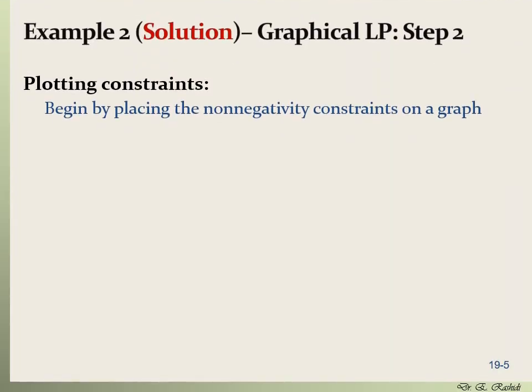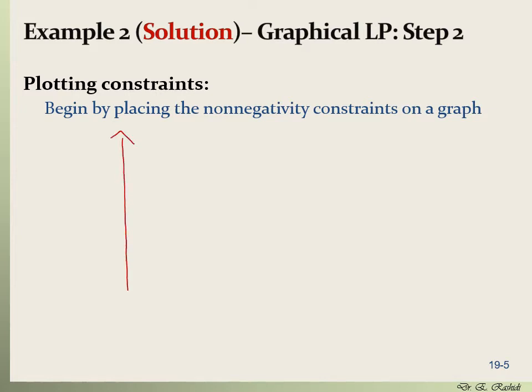Here we're going to use the graphical method to solve our LP model. Since we have only two decision variables, x1 and x2, we can do that easily. The first step is to plot the axes for the two decision variables that we have.